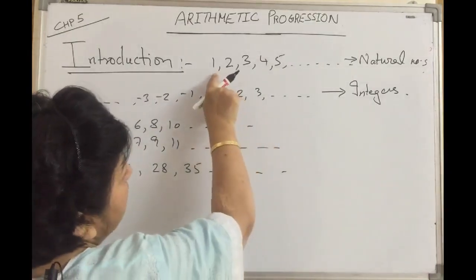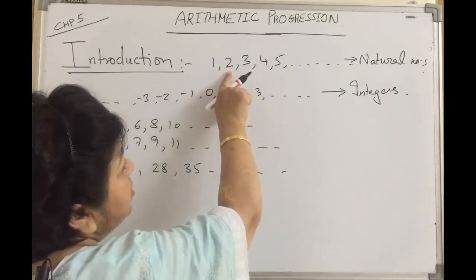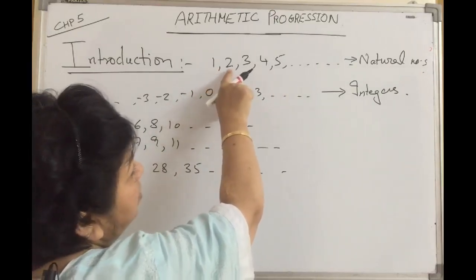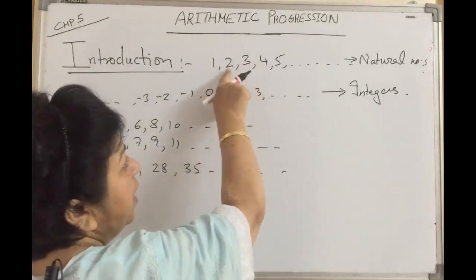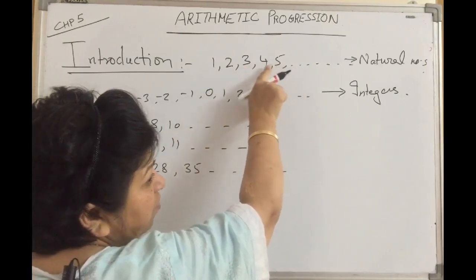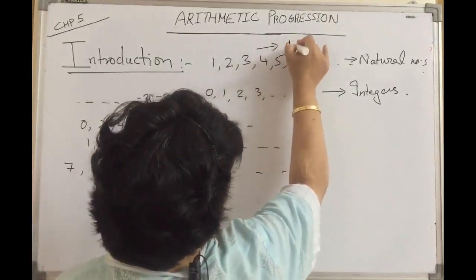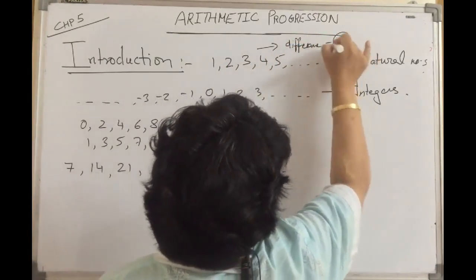For example, when I have written the natural numbers or the counting numbers, the difference between two consecutive numbers is 1. Second number minus the first number gives you 1. Third number minus the second number gives you 1. 4 minus 3 is 1, 5 minus 4 is 1. So here the difference is 1.